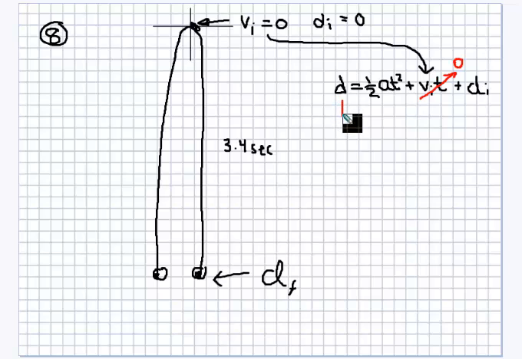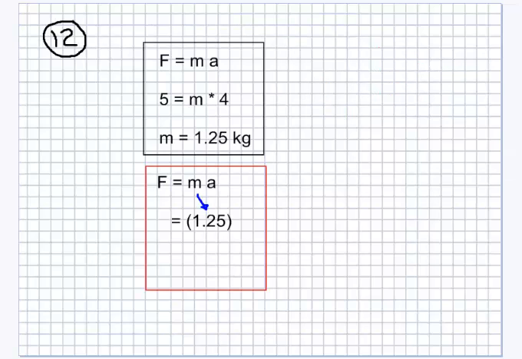The distance is what you want. The acceleration presumably is the acceleration of gravity on Earth, negative 9.8. Check, you know it. 3.4 seconds for this event. Check, you know it. And you can easily figure out the distance. It should come out as a negative value if you choose that as your origin. That's fine. We're just looking for the magnitude of that height, just how tall it is. So you can disregard the minus sign. Okay, next question looks like number 12.